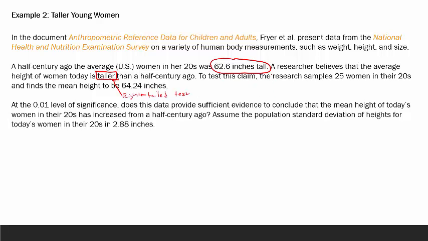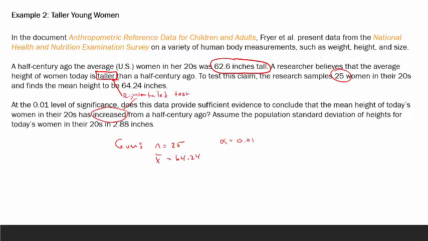To test this claim, the researcher samples 25 women in their 20s and finds the sample mean height to be 64.24 inches. At the 0.01 level of significance, so now you're given alpha, does the data provide sufficient evidence to conclude that the mean height of today's women in their 20s has increased?